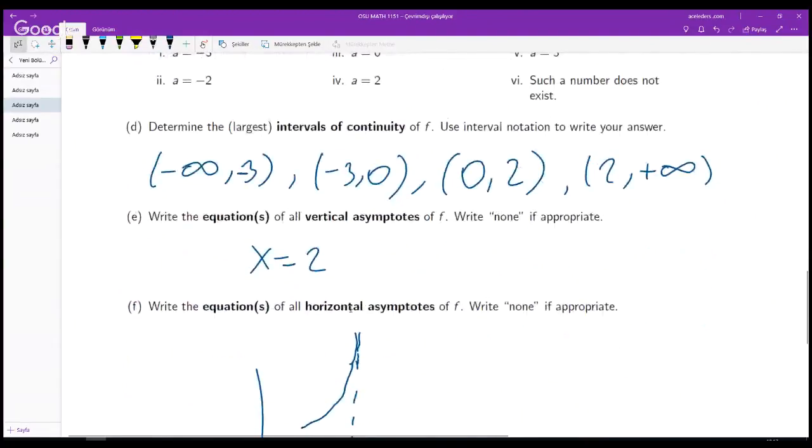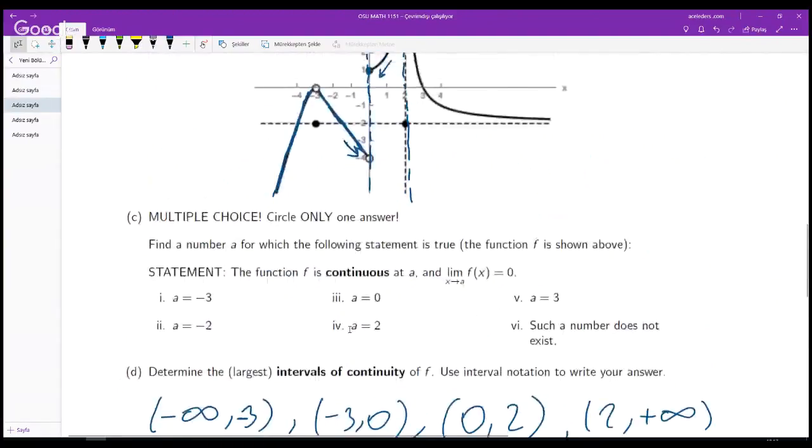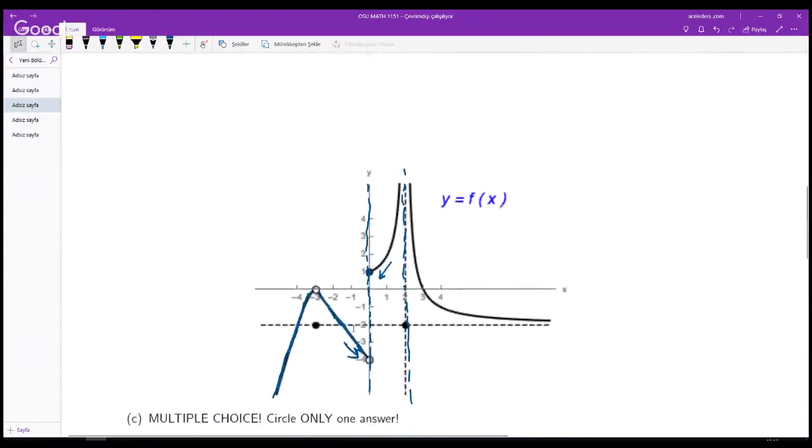And write the equation or equations of all horizontal asymptotes. Okay, can you write me an answer about the horizontal asymptote? Can you see a horizontal dashed line?